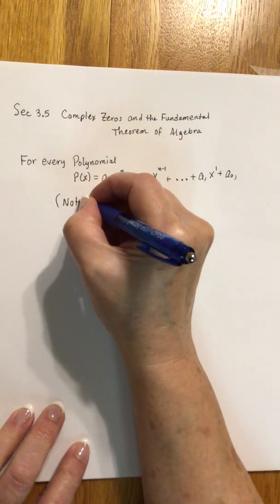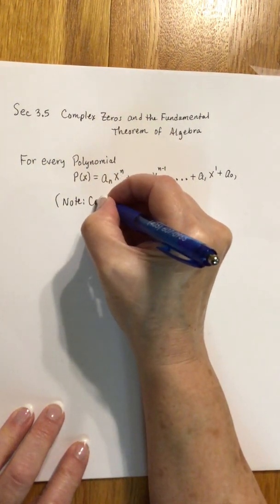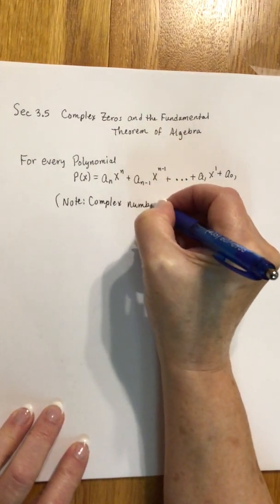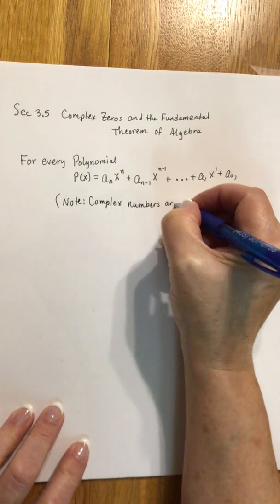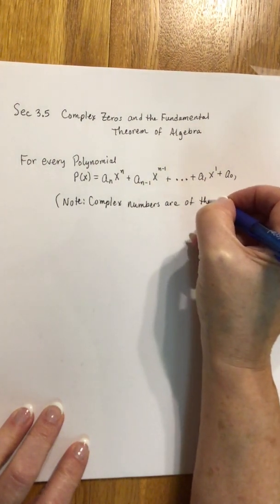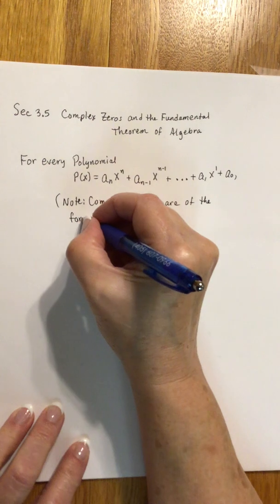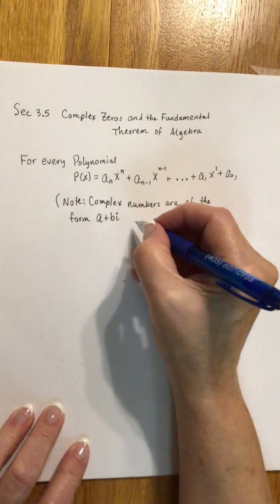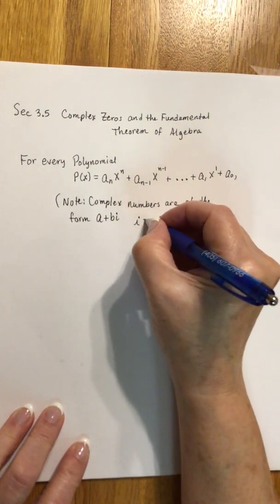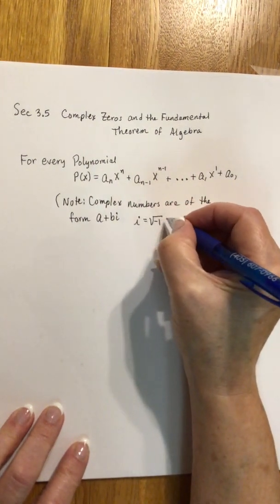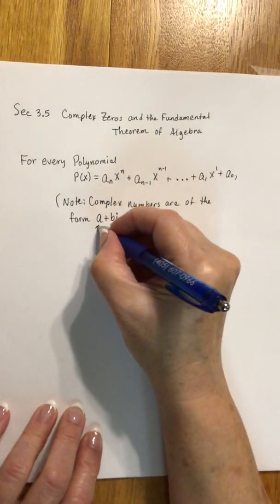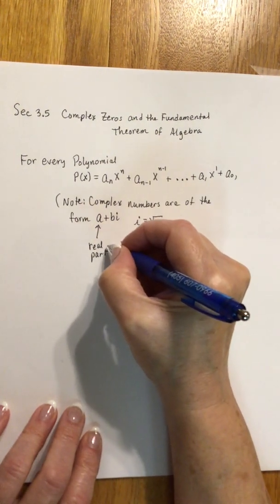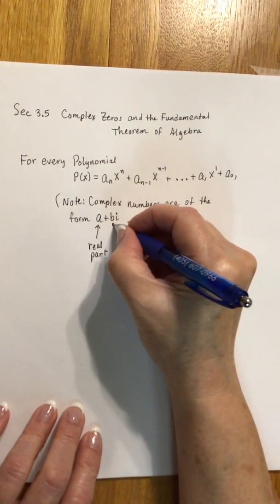So note, complex numbers are of the form a plus bi. Now, you've talked about i in Algebra 2. So i equals the square root of negative 1. So the a is what we call the real part, and the b is the imaginary part.